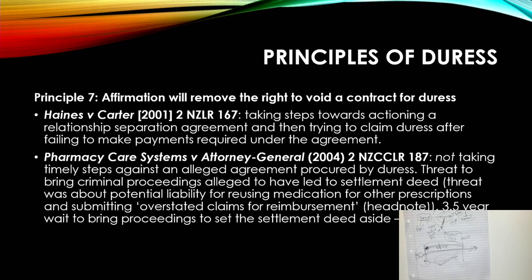Okay, so really we want to ask: is the duress ongoing, or has it stopped in a way? Because in that situation, let's just say one party is holding one of the children hostage or something like that, and keeps holding the children hostage.